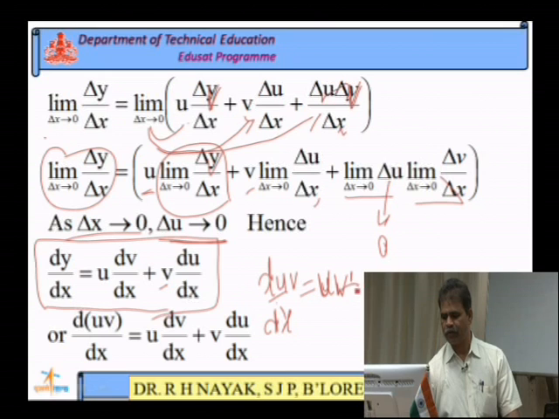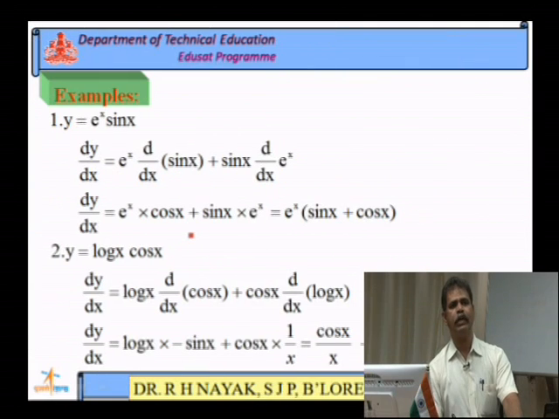What is v dash? v dash is dv by dx. What is u dash? u dash is du by dx. So based on this product rule, let us discuss one or two examples.